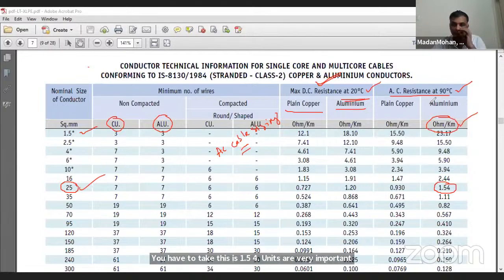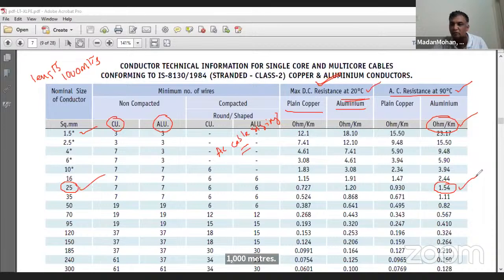Ohms per kilometer means for a cable length of 1000 meters, the conductor resistance is 1.54 ohms. This is for aluminum. If you are going with a copper conductor, this will be 0.930 ohms per kilometer. Units are very, very important, I'm telling you.